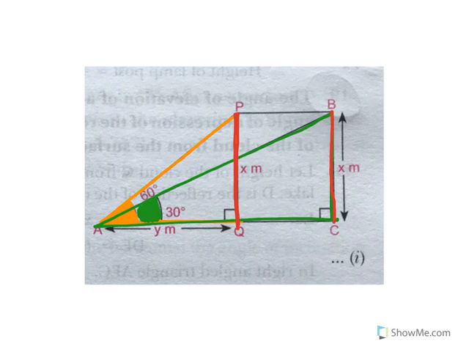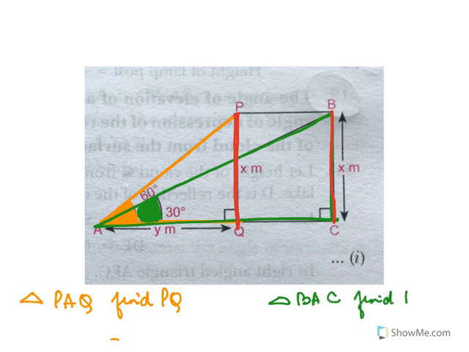So PQ equals BC. So in your yellow triangle, that is triangle PAQ, you find your PQ, and then you take the other triangle BAC, and here also find your BC.